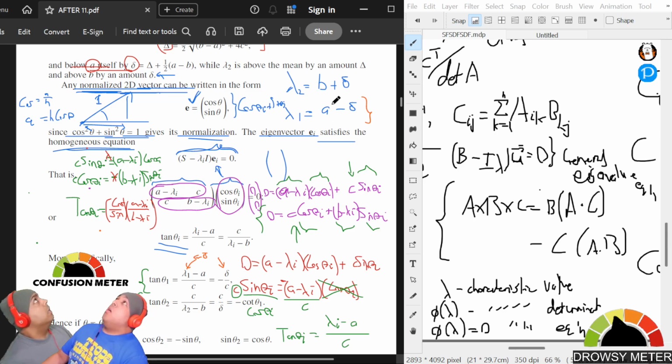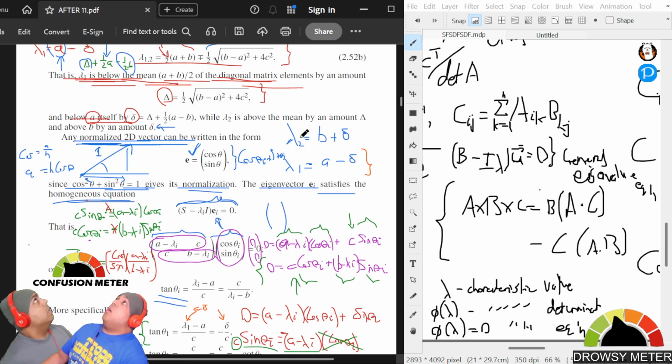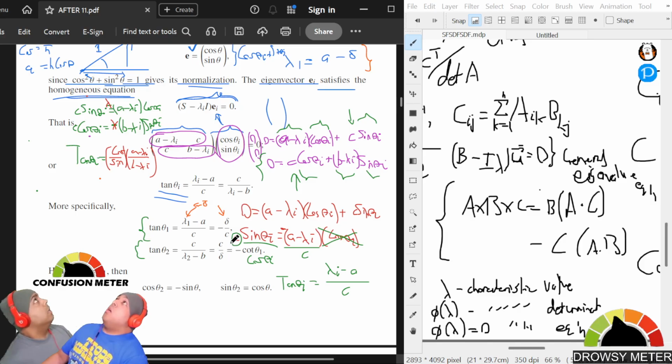And lambda 2 minus b equals delta. And they're also saying it's the negative cotangent of theta 1. I'll unpack that soon. Okay, I see what they mean. They're just relating these two equations.